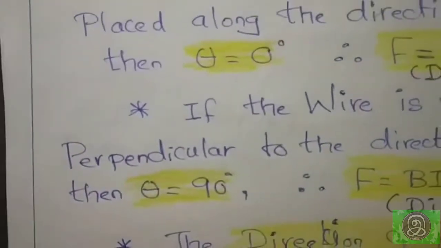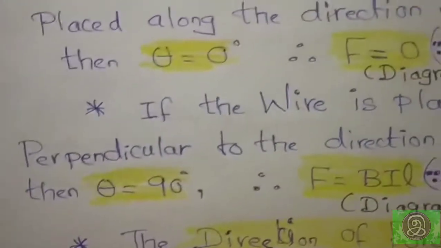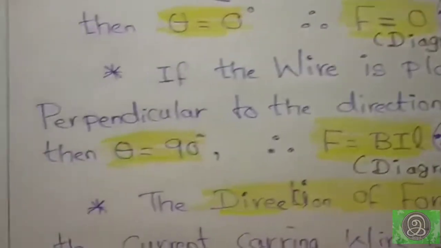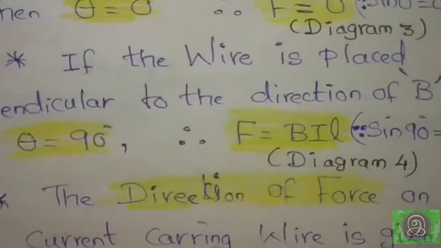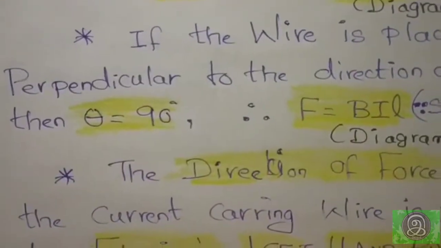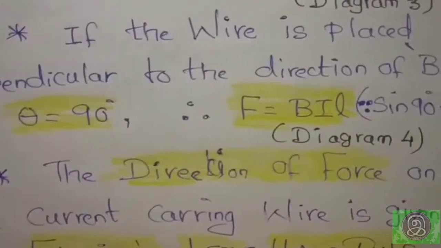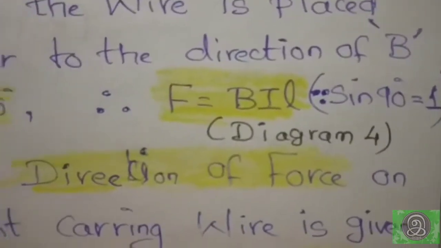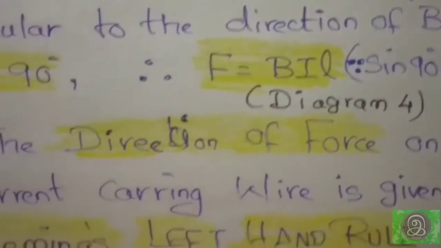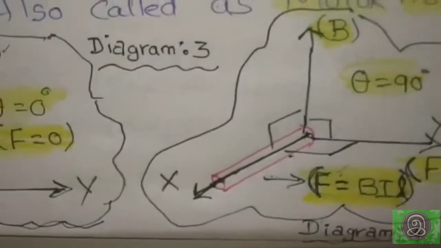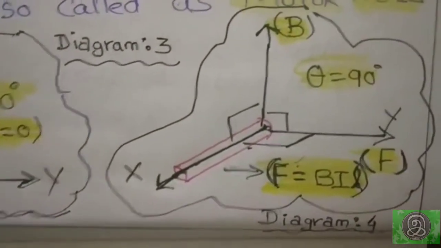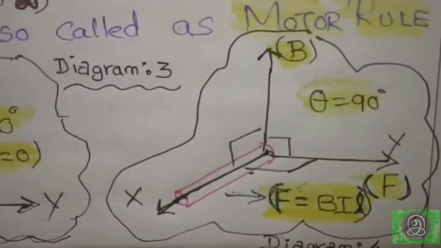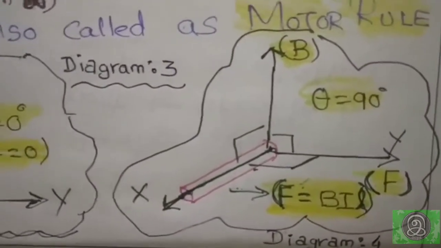The second point to be considered, if the wire is placed perpendicular to the direction of magnetic field, that is theta equal to 90 degree, then F is equal to B I l, since sine 90 degree is equal to 1. In diagram 4, this is nothing but the diagram which has been shown on your first page.